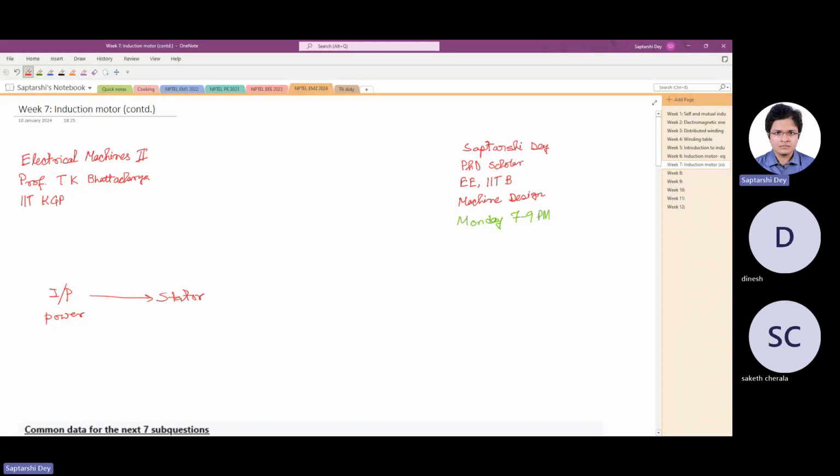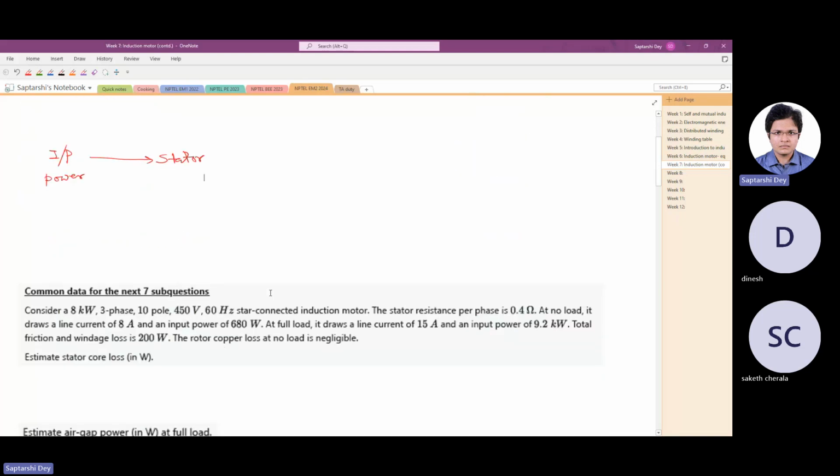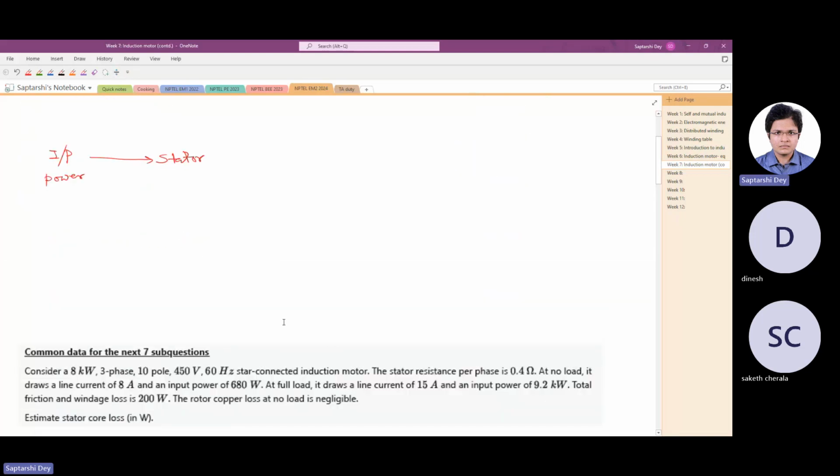Stator consists of two parts, winding and core, so there is loss associated in both components. The loss in the winding is the copper loss, the stator copper loss, and the loss associated with the core is the stator core loss.